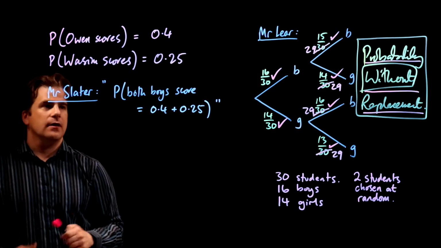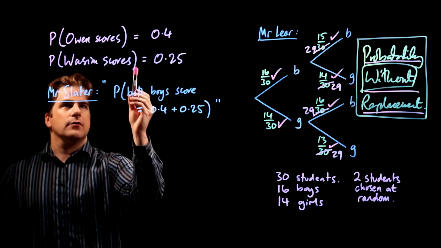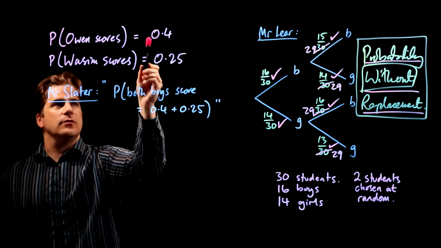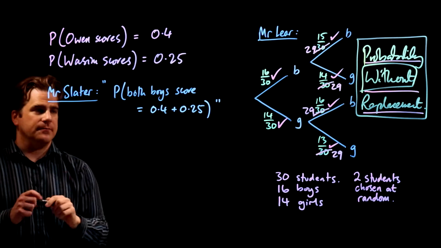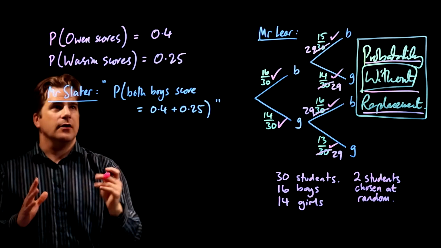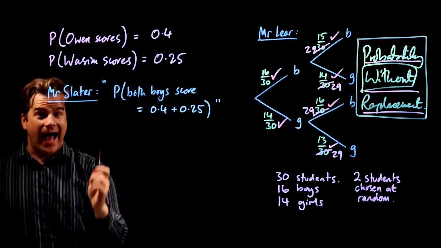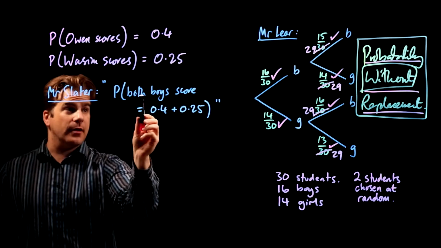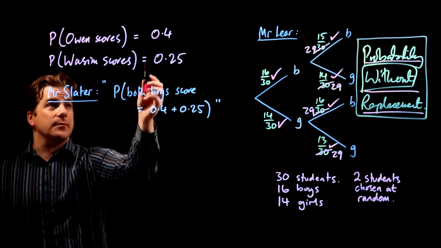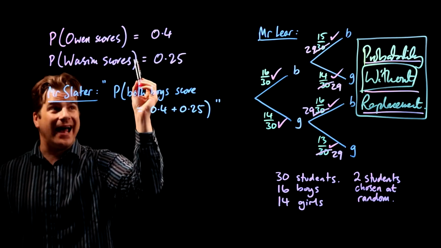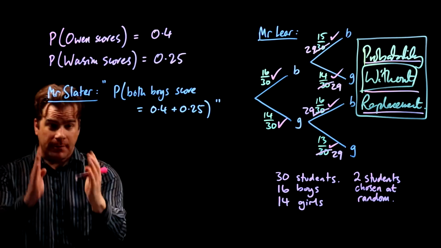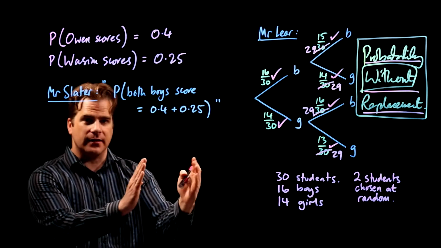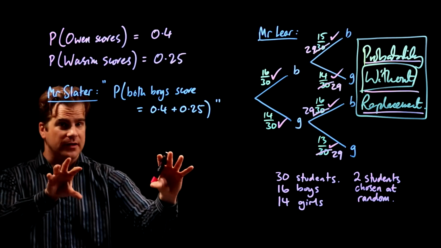Because these 2 events, the probability for that one to happen and this one to happen, that's what we've got here, the probability that both boys score in the same game. So it means the probability of that happening and that happening. When you have the probability of something happening and something else, you multiply those 2 probabilities.